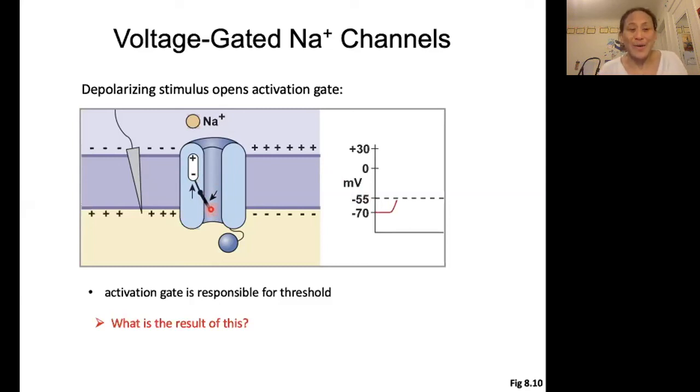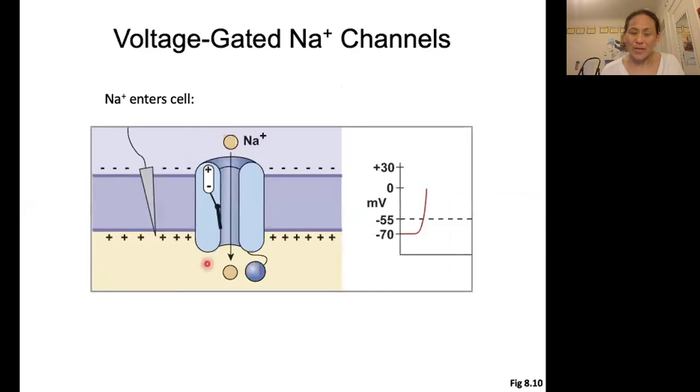All right, hopefully you figured out that once the activation gate is open, we now have a clear path for sodium to cross the membrane. That's what's shown in this figure here. You might remember that sodium will be entering the cell because we started at a negative membrane potential.